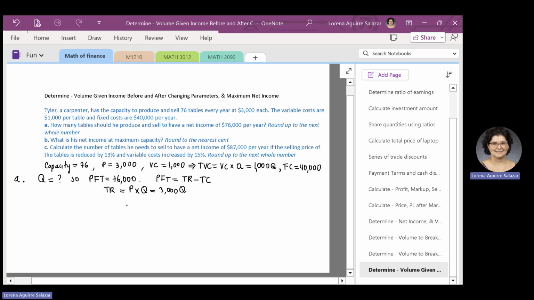As for total costs, we consider fixed costs and total variable costs. Fixed costs are $40,000, and the total variable costs are 1,000 multiplied by Q.